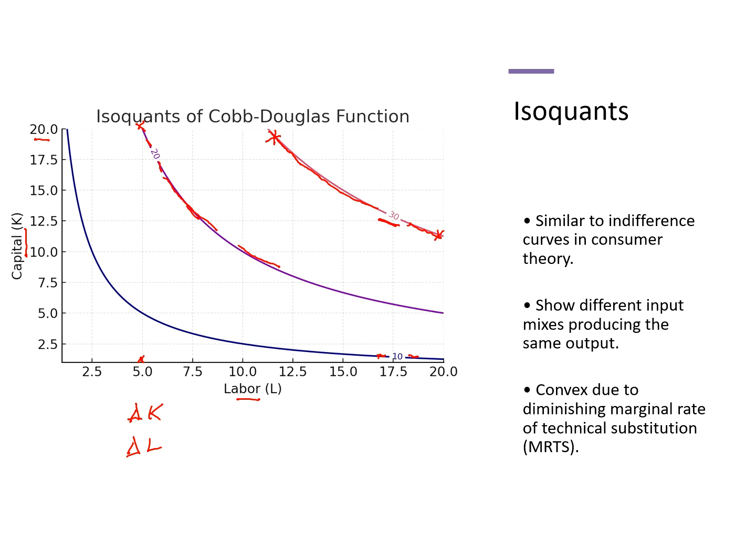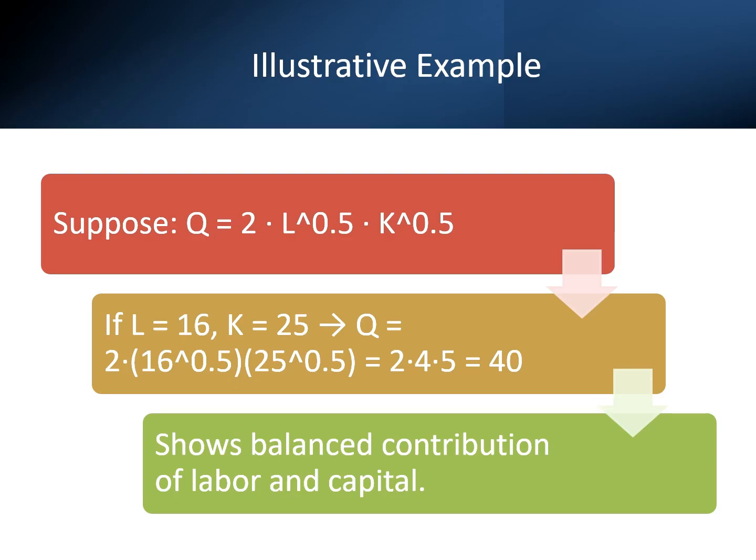But if we go to the other extreme, if we have only 5 machines and we have 20 employees, then there is a substitution effect. And I'm not going to go into that so much in this lecture because that goes into another topic. But it's basically a rate of substitution between capital and labor. All right, let's go to the next slide.